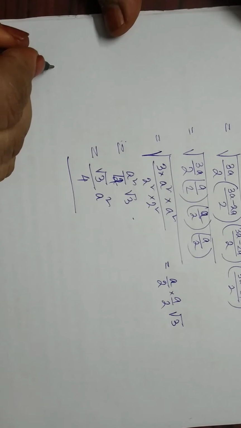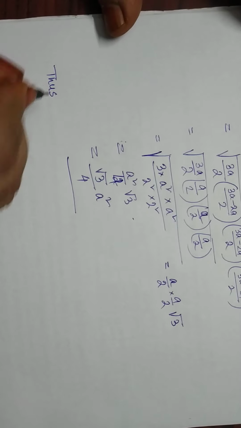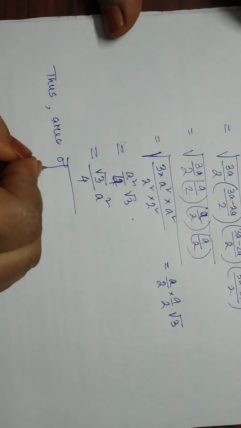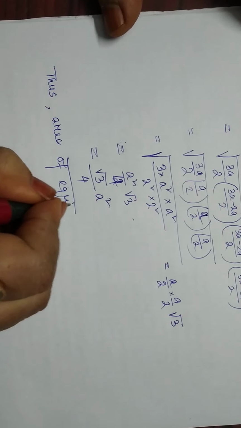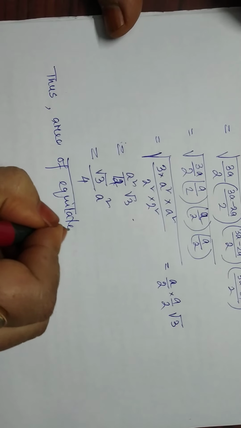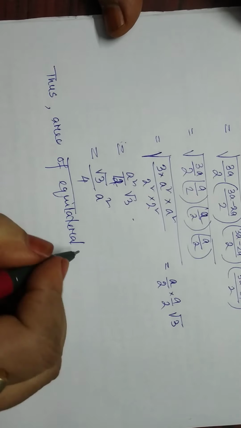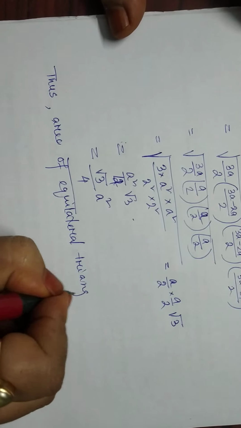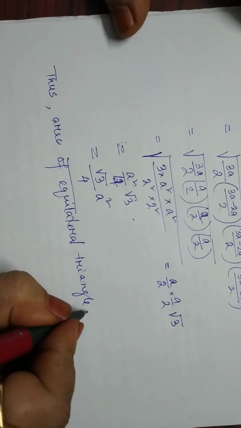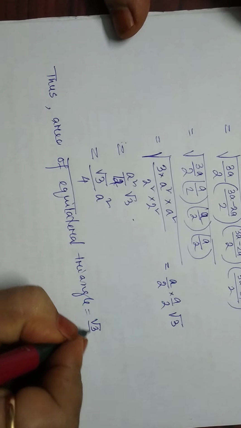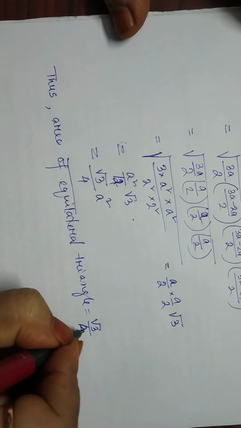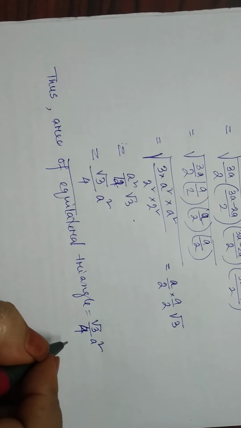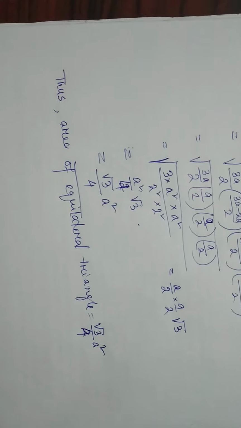Thus we can write area of equilateral triangle is equal to root 3 by 4 A square. First one answer, we got the first one answer.